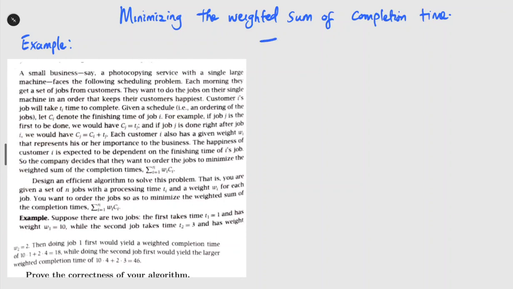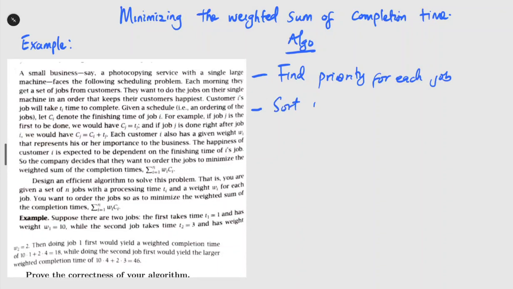So the algorithm: number one, calculate or find the priority for each job. Then we are going to sort all priorities in decreasing order. Then we are going to schedule jobs using this sorted list.